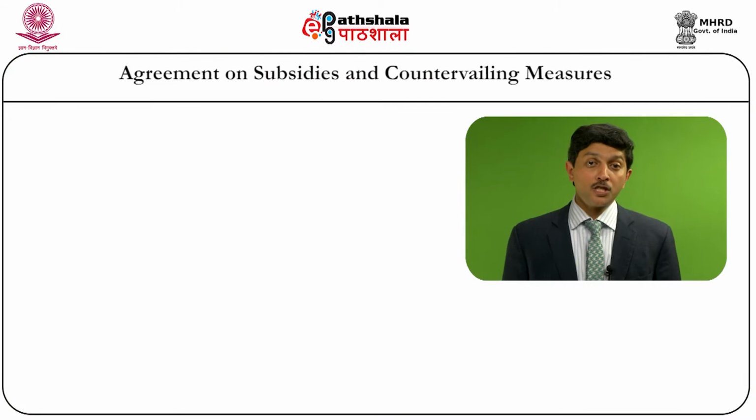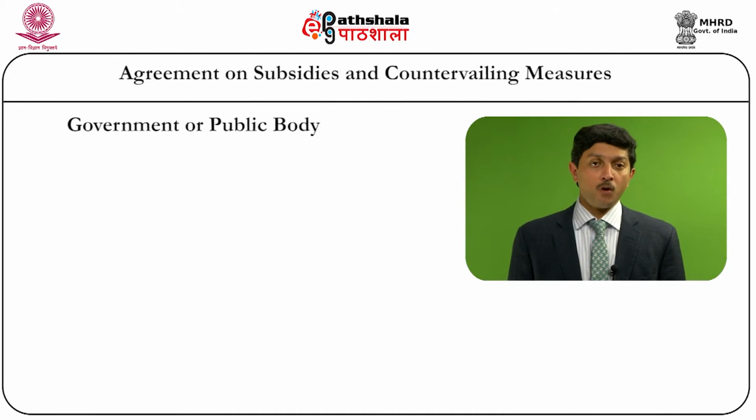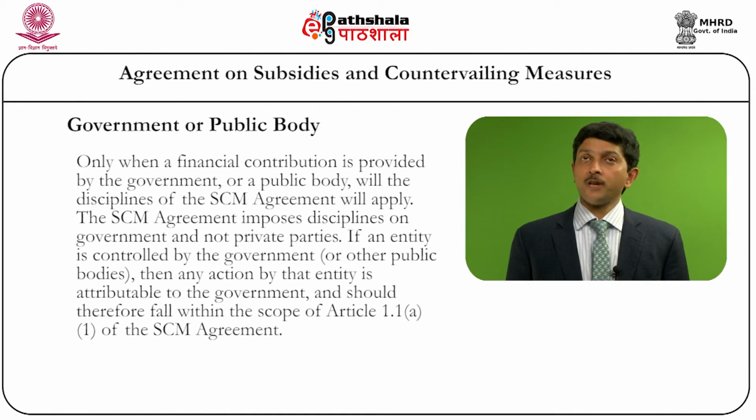The next important point is the definition or meaning of the term government or public body. Only when a financial contribution is provided by the government or a public body will the disciplines of the SCM agreement apply. The SCM agreement imposes disciplines on government and not private actors or private parties.